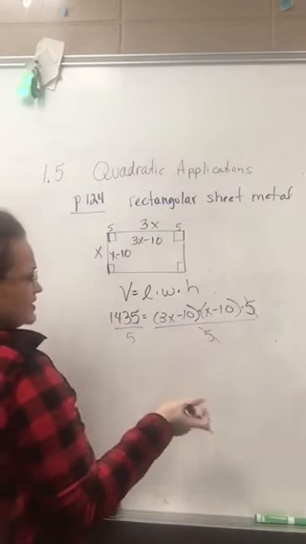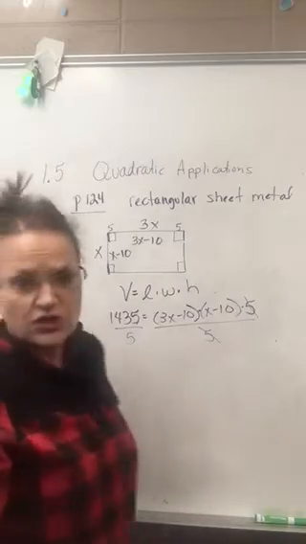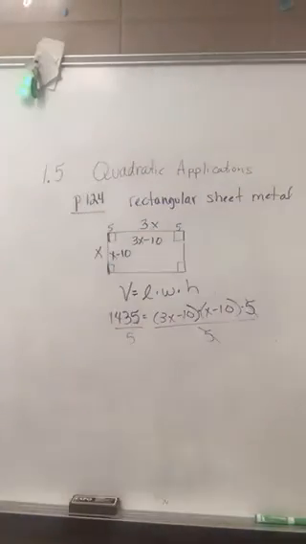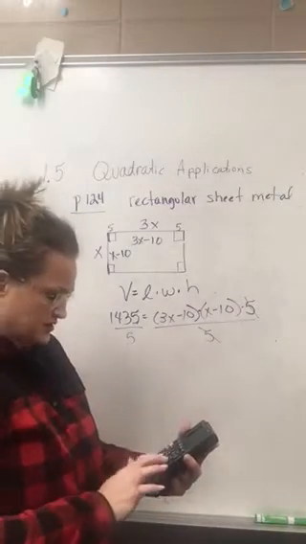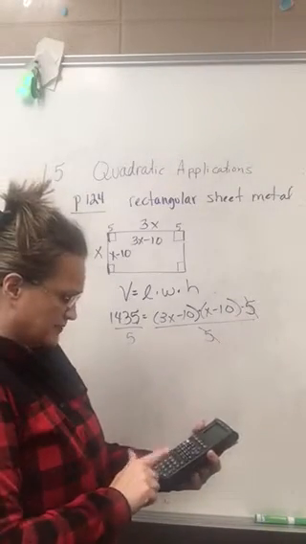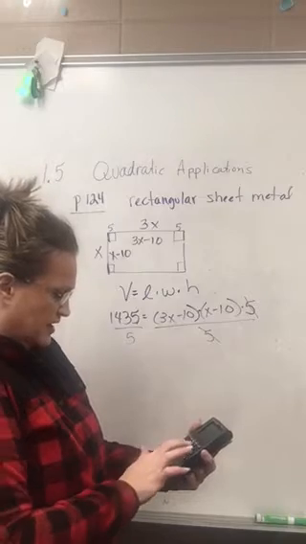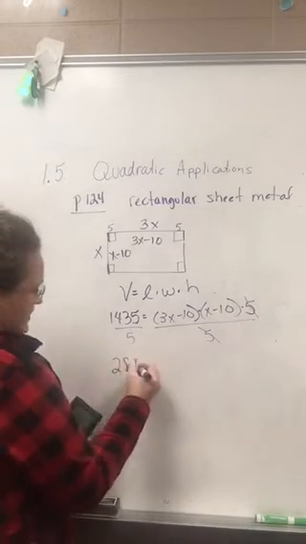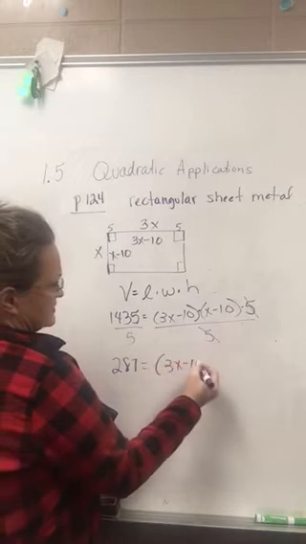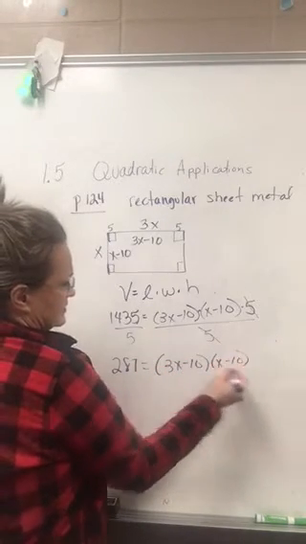So if you see a way to reduce it, always try to do that. And it will make the problem flow a little nicer for you, but we could have solved it without dividing. So I'm going to type in 1,435 divided by 5. So now I've got 287 equals 3x minus 10 times x minus 10.